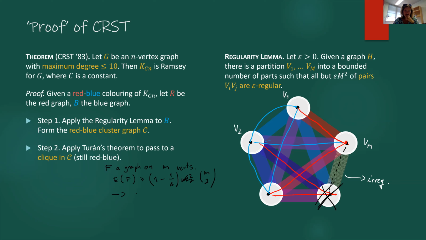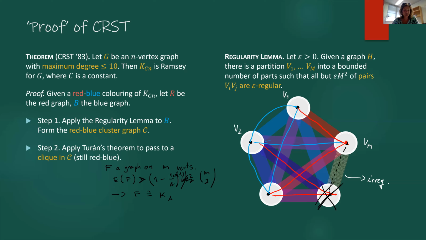Then F contains a clique of size A, and here I think we need strictly larger, and maybe we need plus a little bit, plus little o of 1. And I won't go into the quantifiers there.